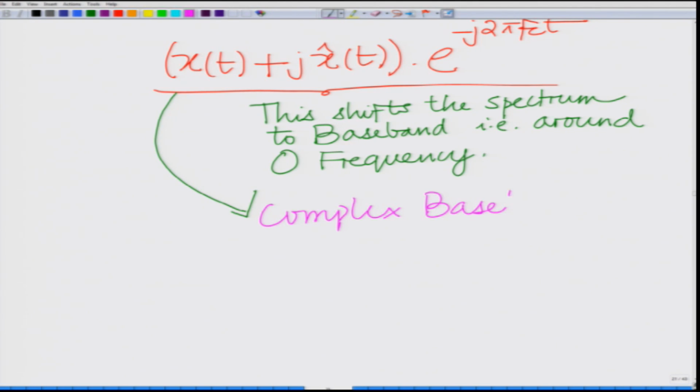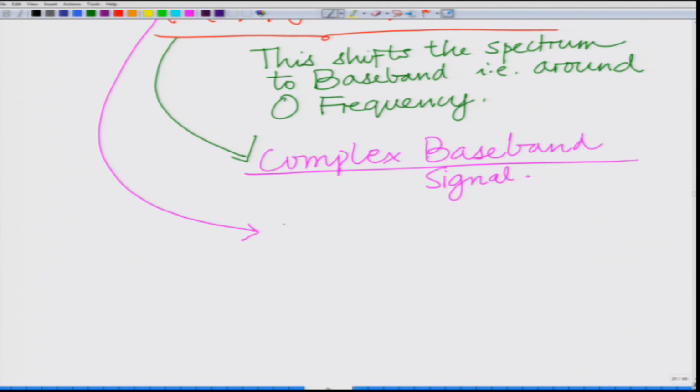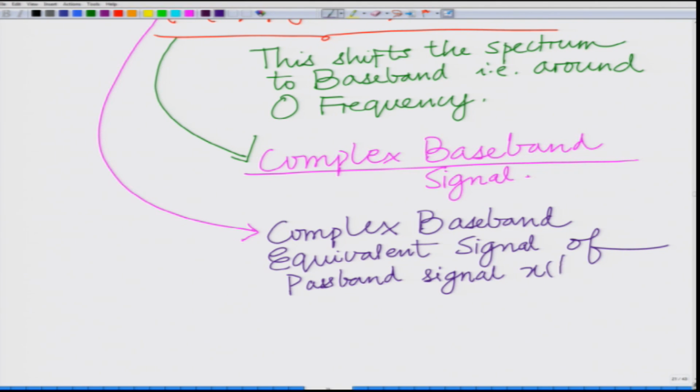This is a complex baseband signal, and this is termed as the complex baseband equivalent signal of the passband signal x t.